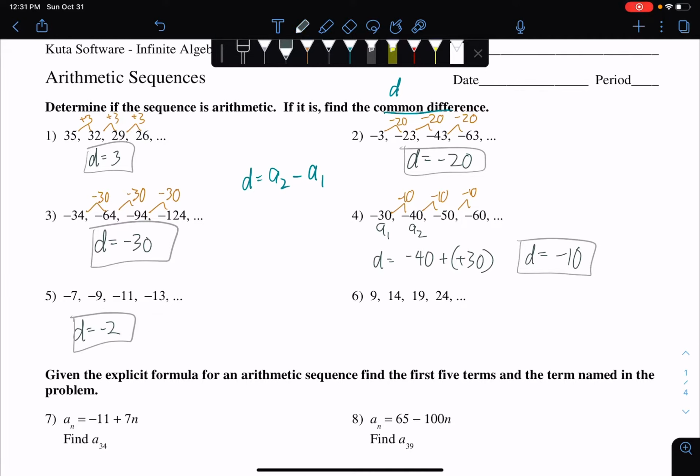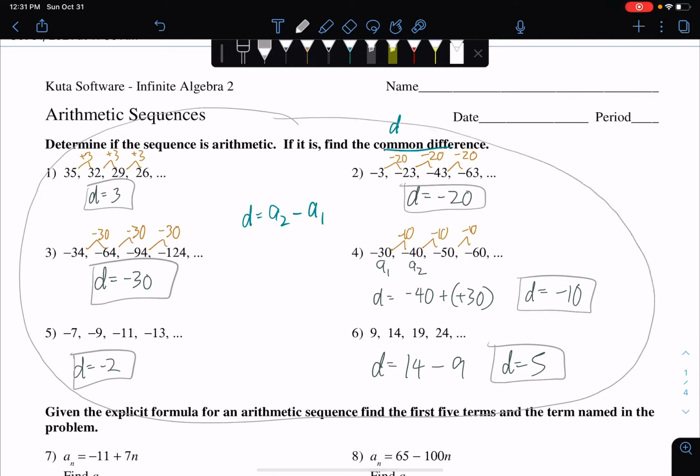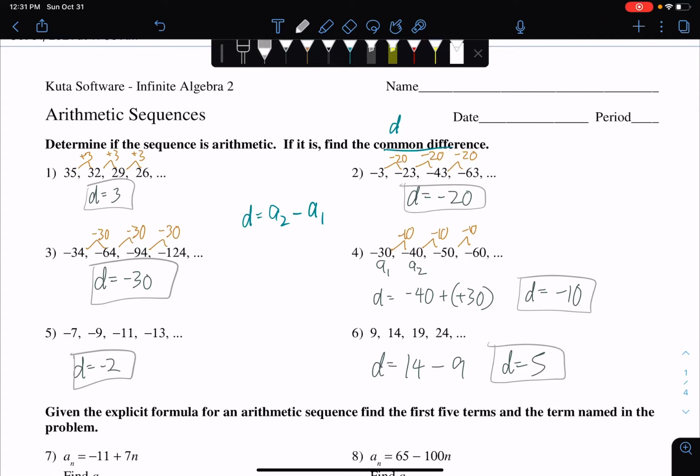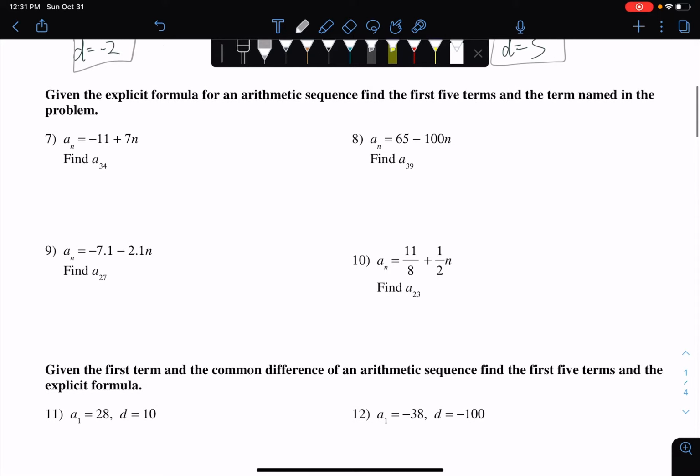Okay, number 6, d is equal to a sub 2, which is 14, minus a sub 1, which is 9. 14 minus 9, d is equal to 5. That's how we find the common difference. Basically, everything in numbers 1 to 6 is arithmetic. The sequences are arithmetic. So let's move on.